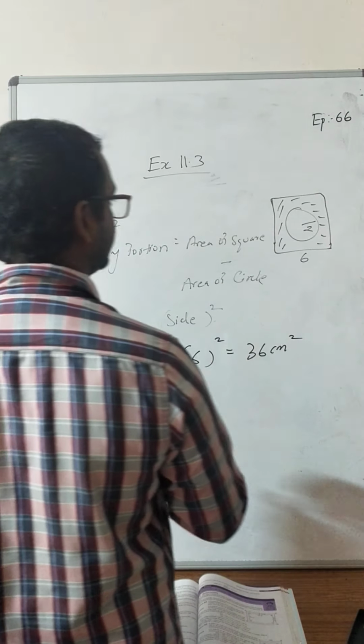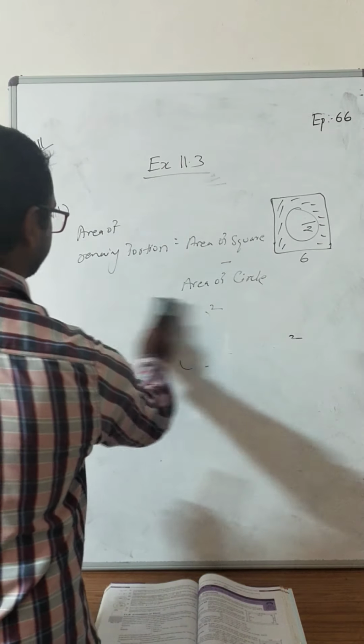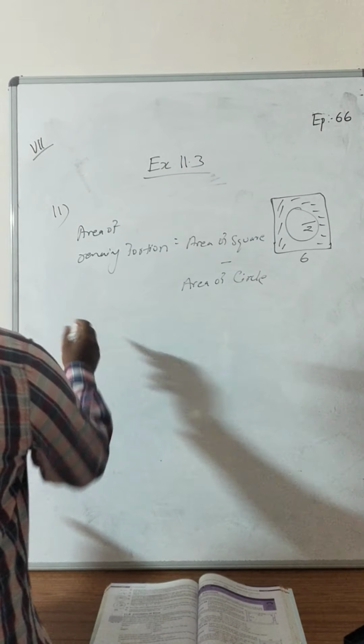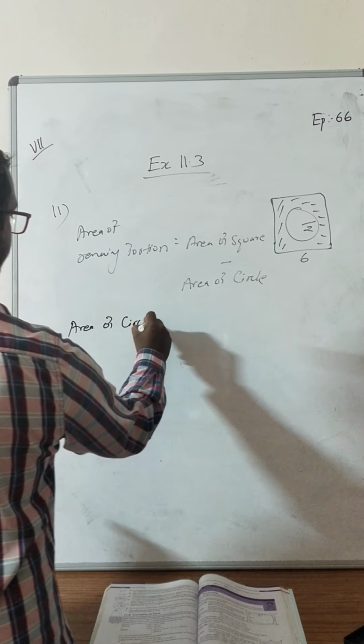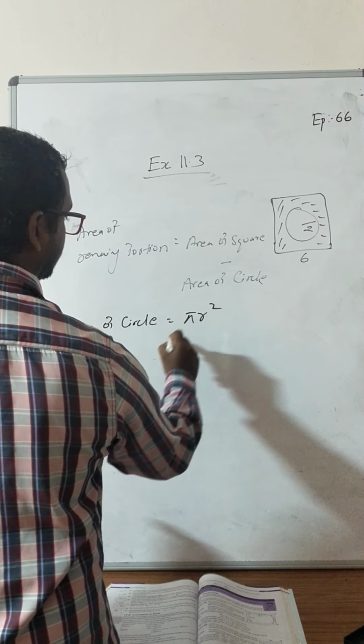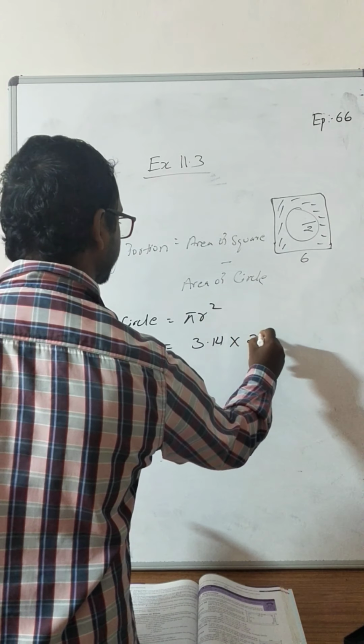Okay, so this is the area of the entire square. Now we have to find the area of the circle, which is pi r square. We have to take pi as 3.14 into radius, which is 2 into 2.